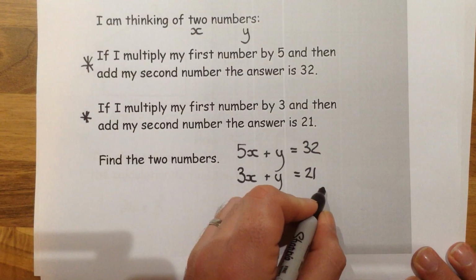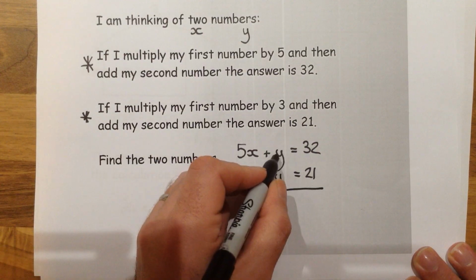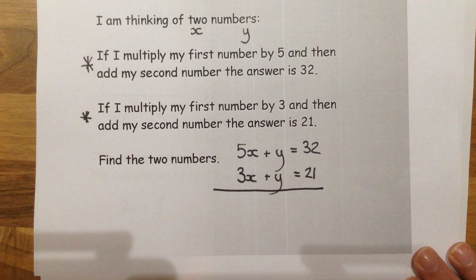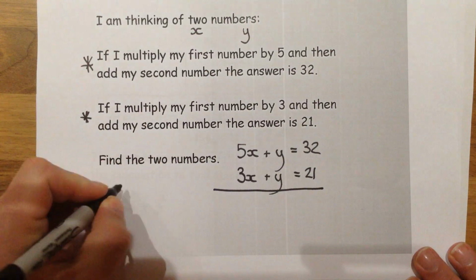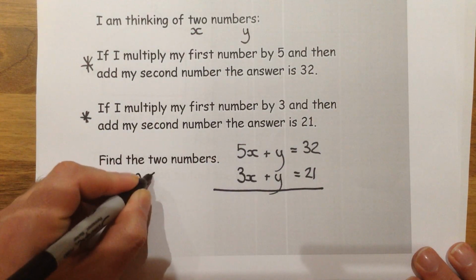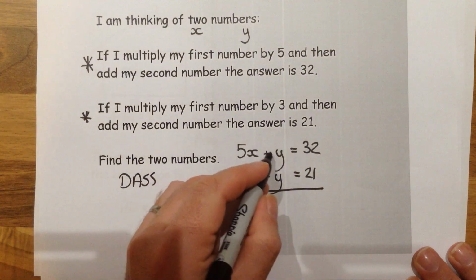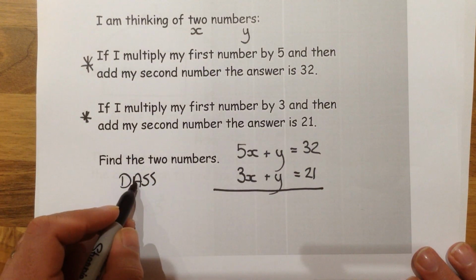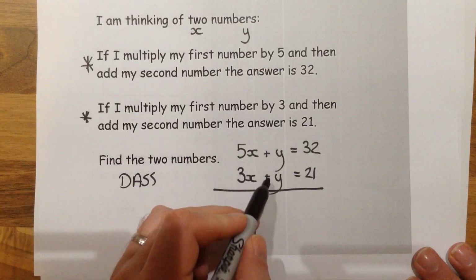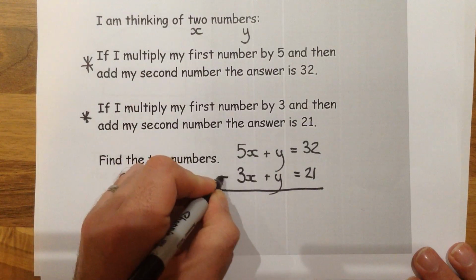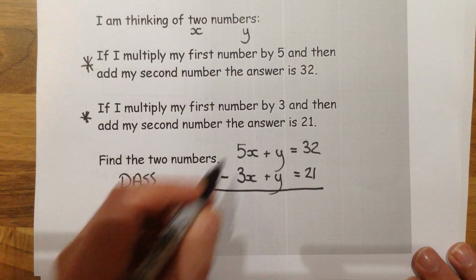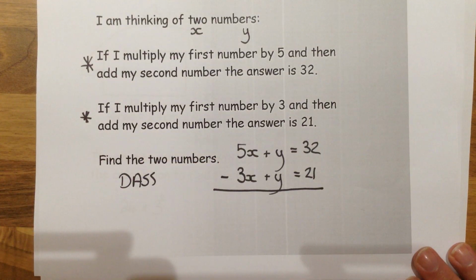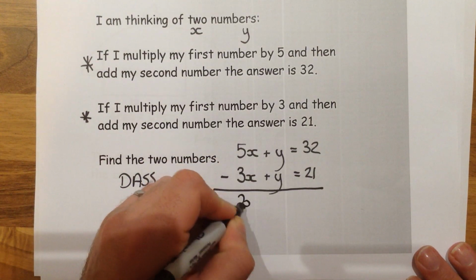So at this point, because both have the same number of y's, I then start thinking about DAS. We're looking at the symbols, remember, different add, same subtract. Both are pluses, so I subtract. 5x take away 3x is 2x.